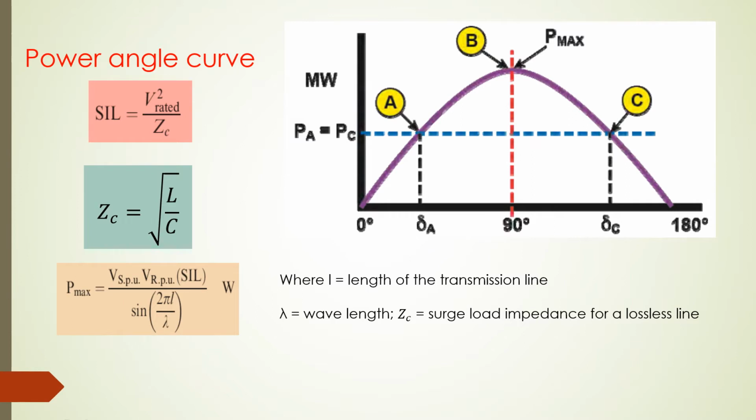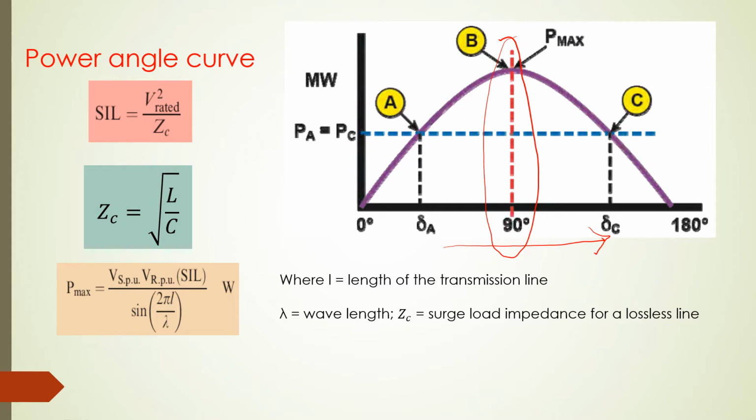Here the figure shows the power angle curve of a power system. The x-axis represents the power angle variation from 0 to 180 and the y-axis represents the variation of the power. It reaches maximum at 90 degrees and again reaches 0 at 180 degrees.